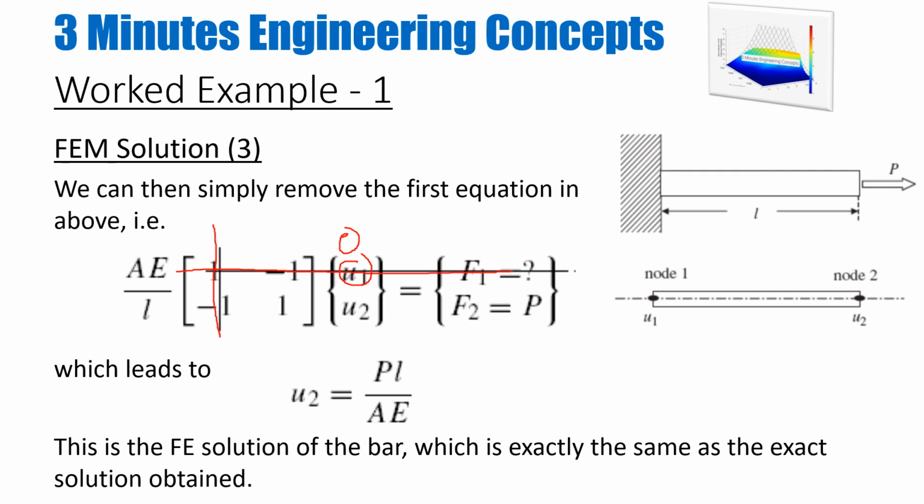So I have reduced my system now, and I can now say that my equation would be AE over L times U2 equals F2, which is P, and that's what I do here. So my AE over L, when it goes on the other side, I will have my U2 equals P and then L over AE, which comes from the other side.